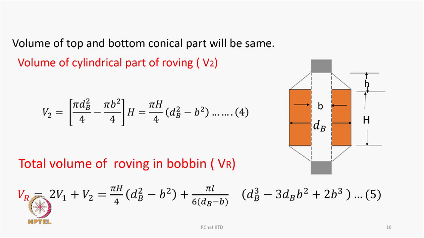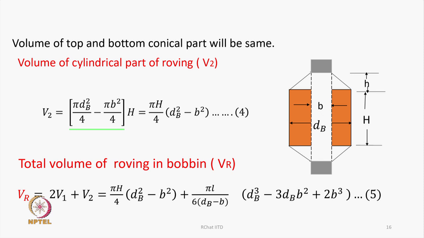And the volume of the cylindrical part where the roving is there is going to be how much? We can imagine it to be two cylinders, one big cylinder and one small cylinder. Therefore, the bigger cylinder volume is pi d_B square by 4, the smaller one is pi b square by 4, both multiplied by h.